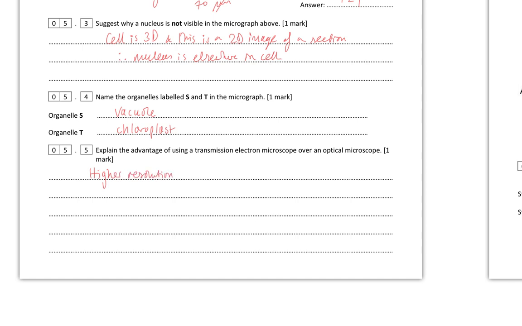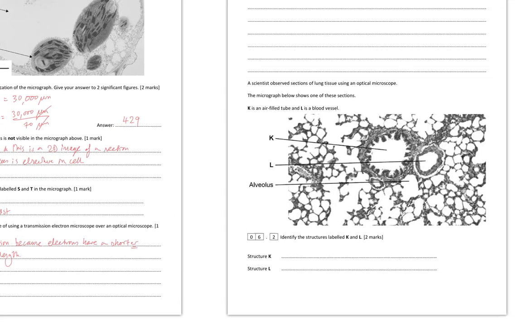Higher resolution, because now I can't say it here because it sounds like I'm talking about the microscope, because electrons have a short wavelength. Good. It's only worth 1 mark, so I'm happy with that.